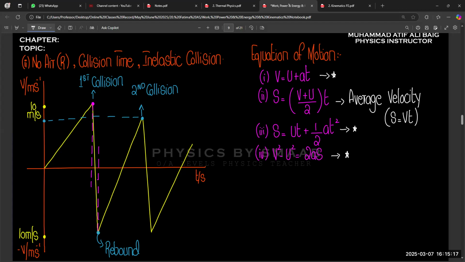And further, if we want to discuss when to apply these equations and when we know that these equations are applicable to our questions, there are some conditions.